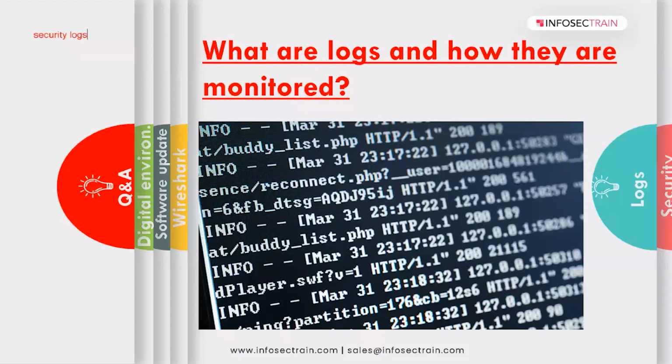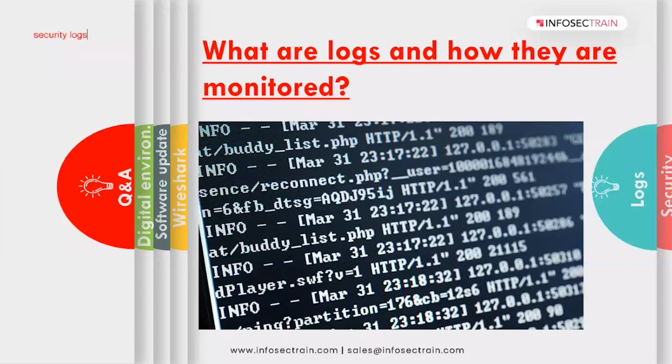Let's say our organization maintains security logs to safeguard its digital infrastructure.